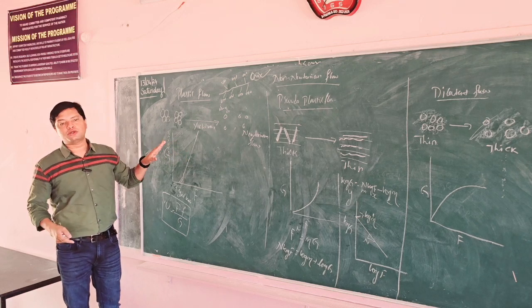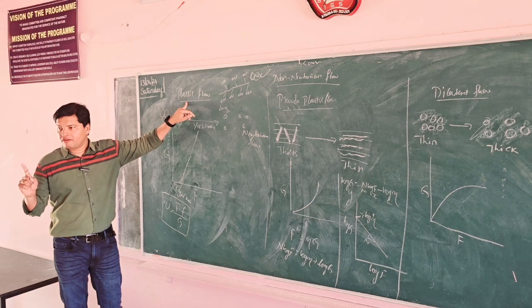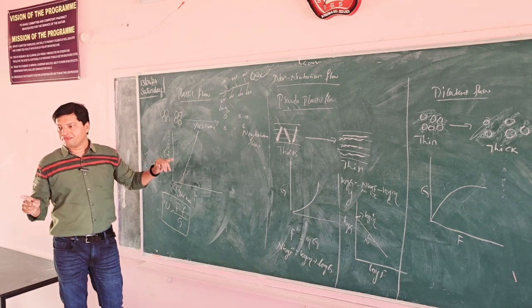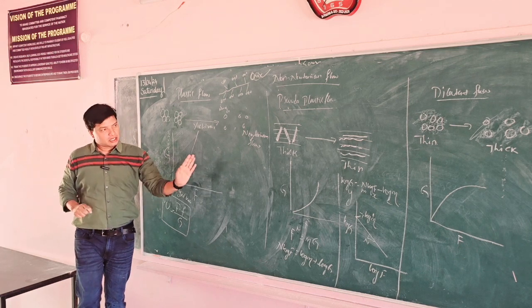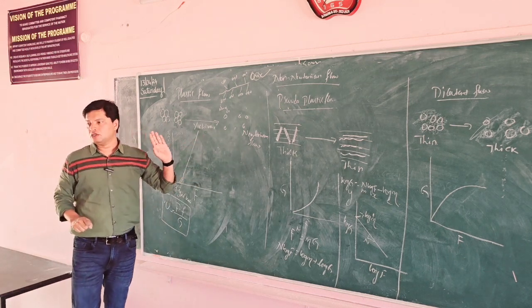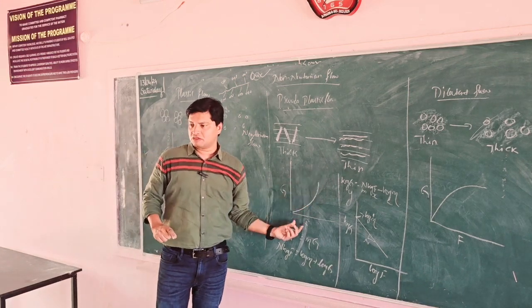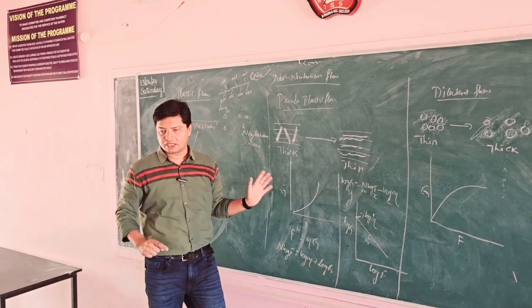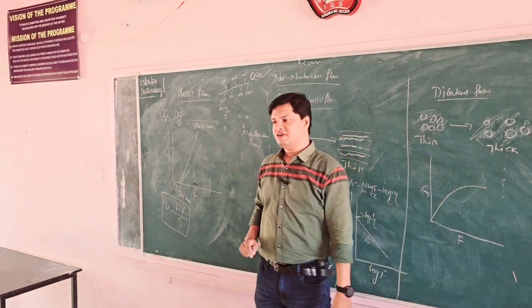Among all non-Newtonian liquids, plastic flow is the only flow which after some time behaves as Newtonian. None of the others will behave as Newtonian. This graph is like this because we have less shear stress, more rate of shear. This graph is like this, more shear stress, less rate of shear.